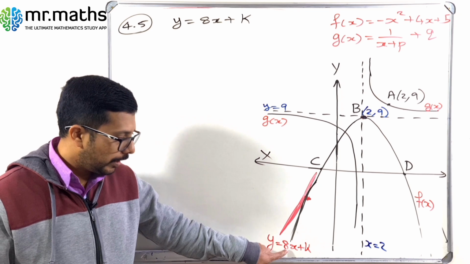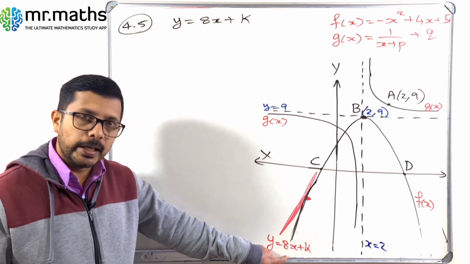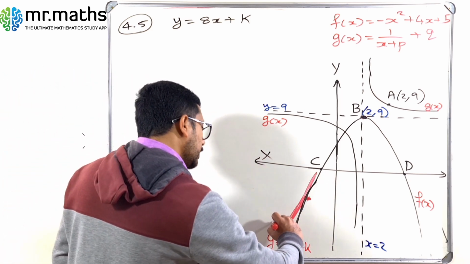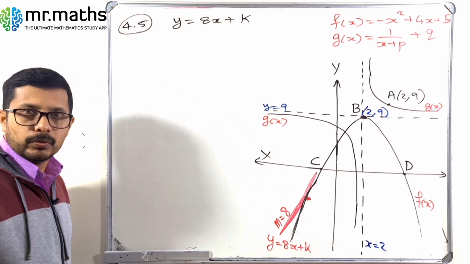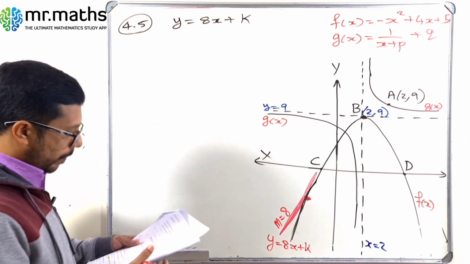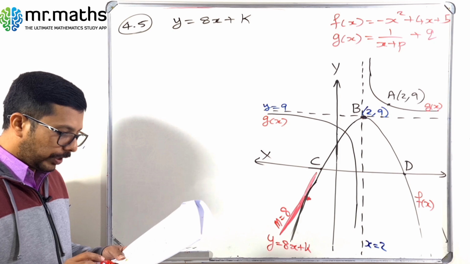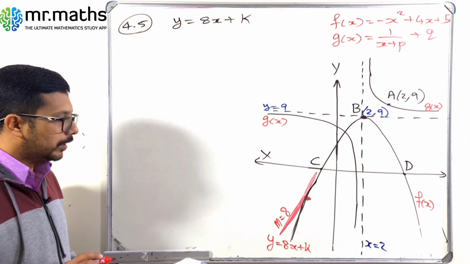What is the gradient? mx plus c, so m is the gradient. What is the gradient here? 8. So we know that the gradient of this tangent is m equal to 8. Now, what is the question? It touches the graph of f at p. Calculate the coordinates of p. You have to find that.